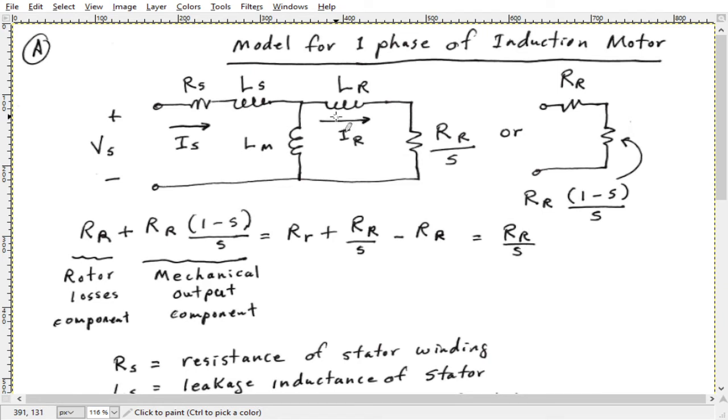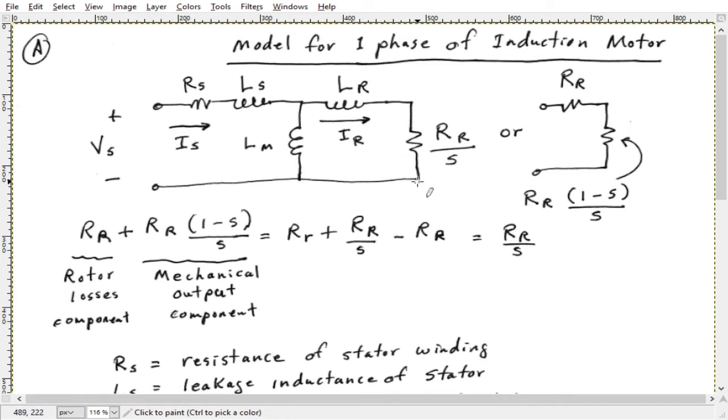So you're going to have IR and IS pretty close. This is under locked rotor condition. So those were the two extreme conditions: synchronous speed, which can't happen, and then locked rotor, which does happen. It's not really locked, but it's not moving when you first start it up.